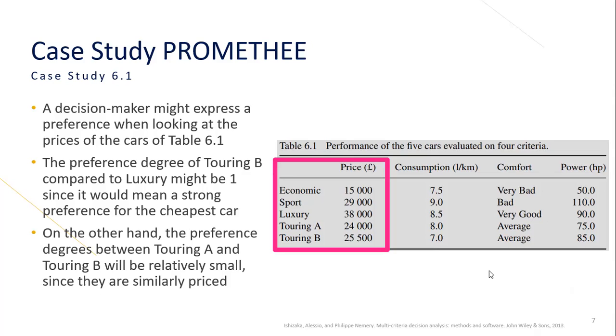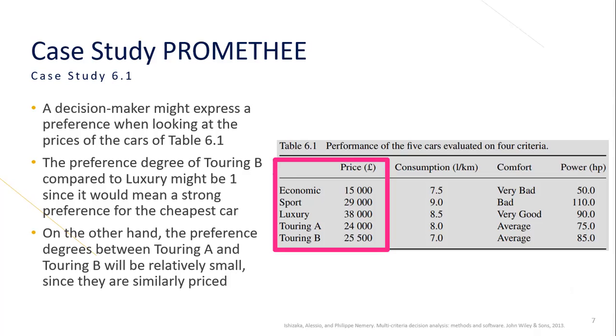Economic is 15,000. What is it? Pound sterling, I guess. Okay, 15,000. Sport is 29,000. Luxury is 38,000. Touring A is 24,000. And touring B is 25,500.